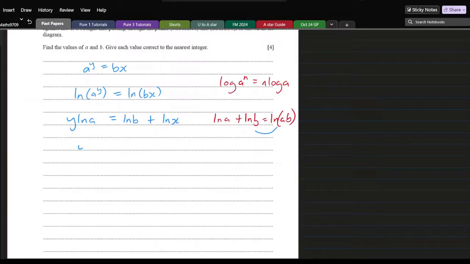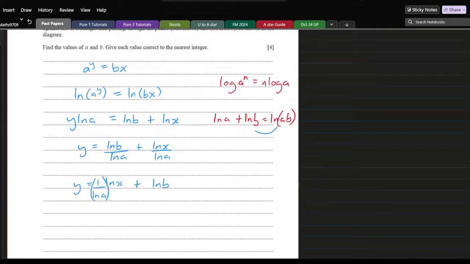So this becomes y is equal to ln b over ln a plus ln x over ln a. Now I'm actually going to swap the order of these two so that it's ln x, and in fact I'll just factor out the 1 over ln a, which I'll explain in a moment, plus ln b over ln a.